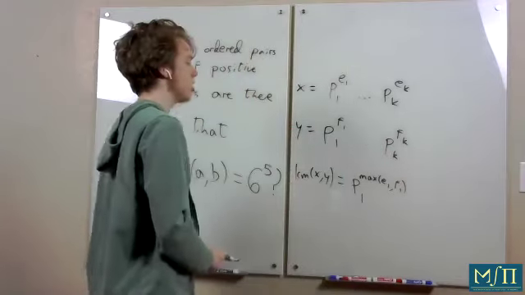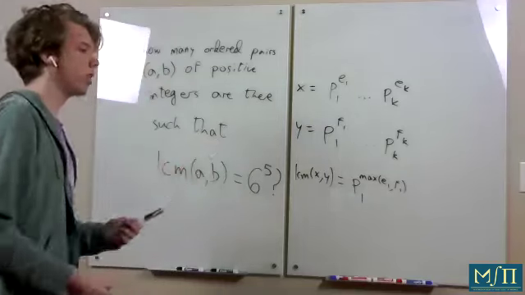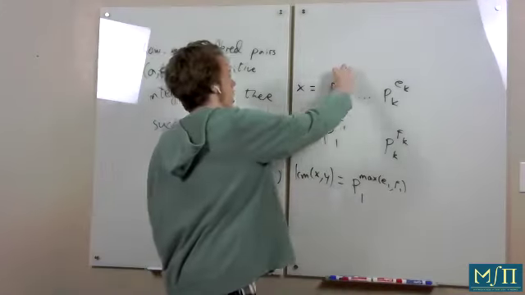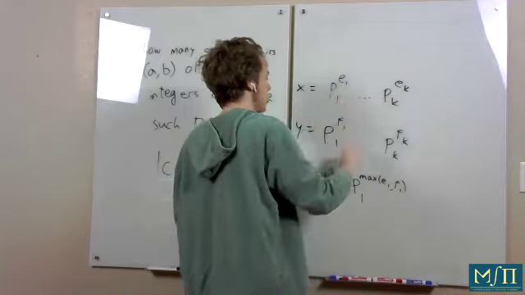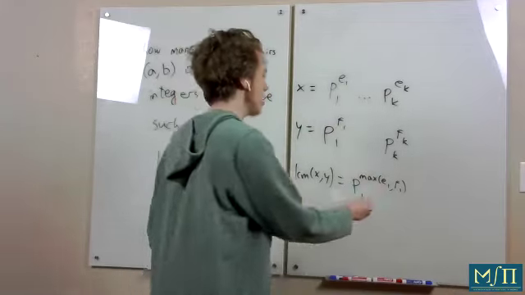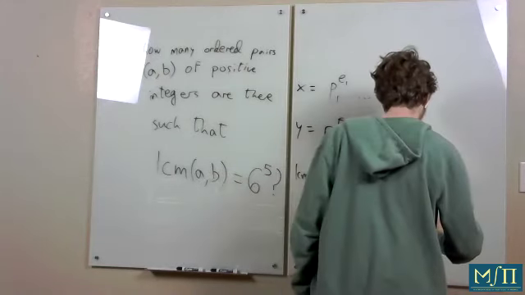Since all the different prime numbers are independent, we can just say that's how it is, because that's just what we need. We need the exponent of P1 to be at least E1 and at least F1. We need this maximum number. That's what you get. And then just do the same thing for every prime number and multiply them together.